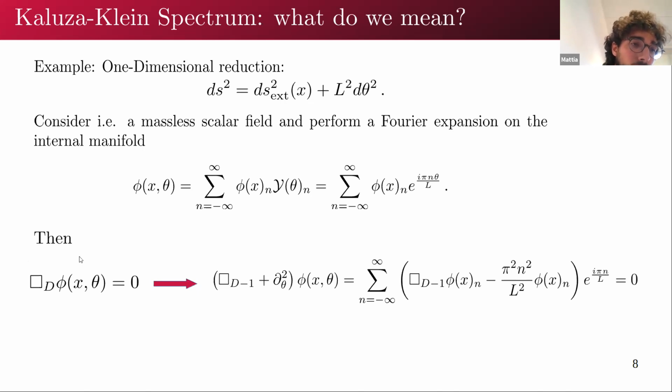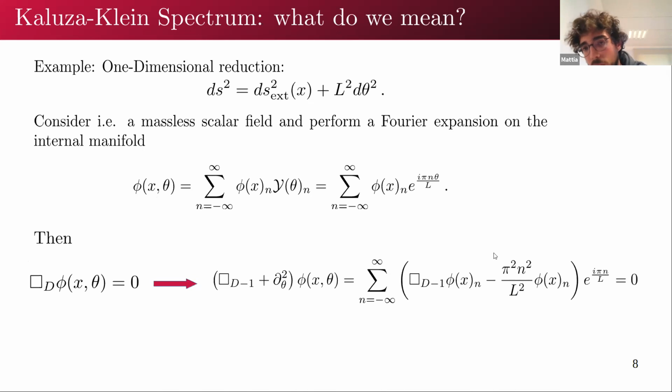And then the Klein-Gordon equation for the massless fields in d dimensions implies a set of Klein-Gordon equations for the modes depending only on the external coordinates, which are now massive, where the mass is given exactly by this quantity here.